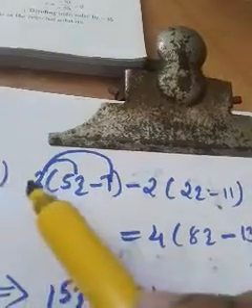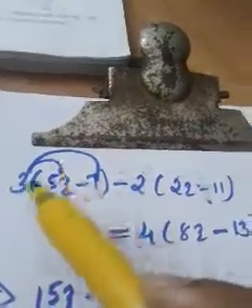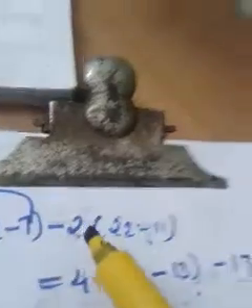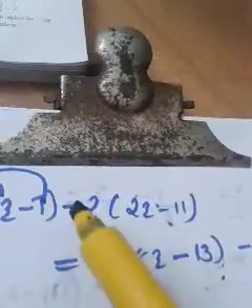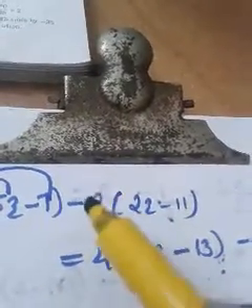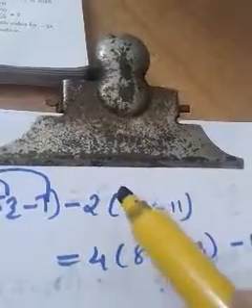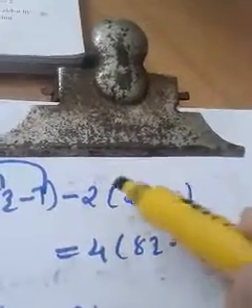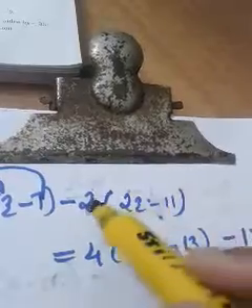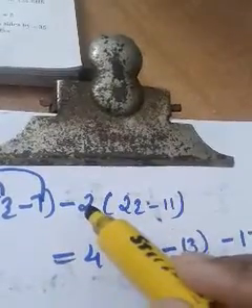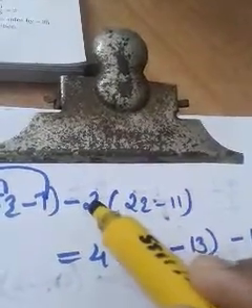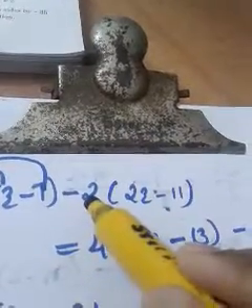Here the sign of 3 is plus, so it is not disturbing you. But if the sign is minus, you have to be a little more alert. You may have understood. So the number outside the bracket is not 2, it is minus 2.